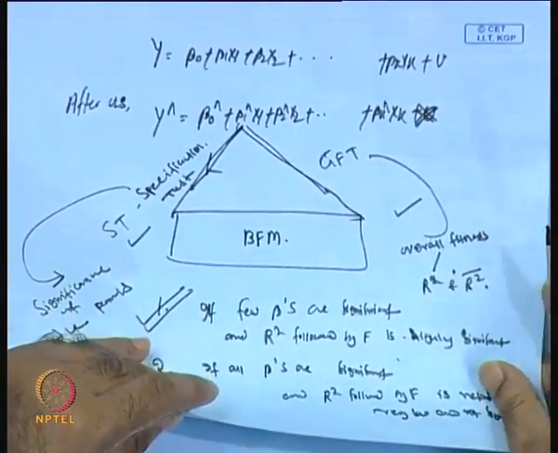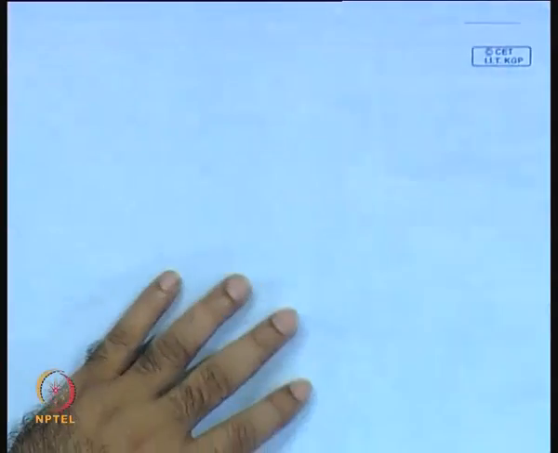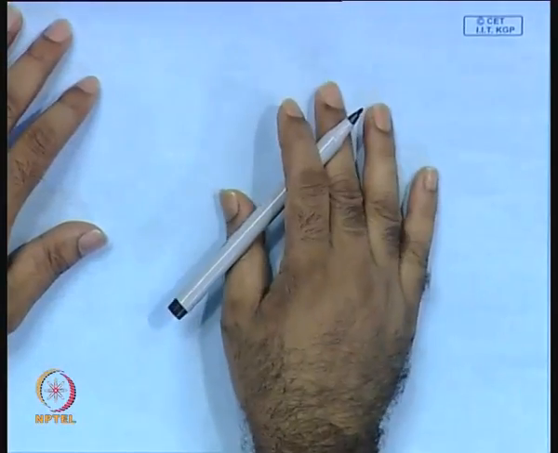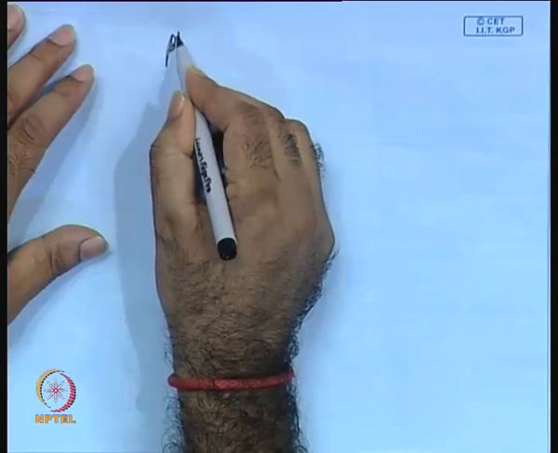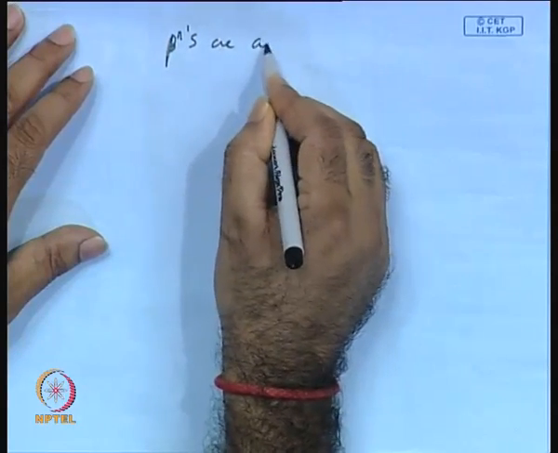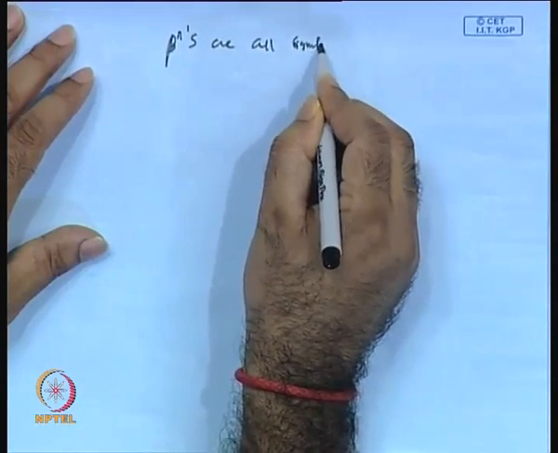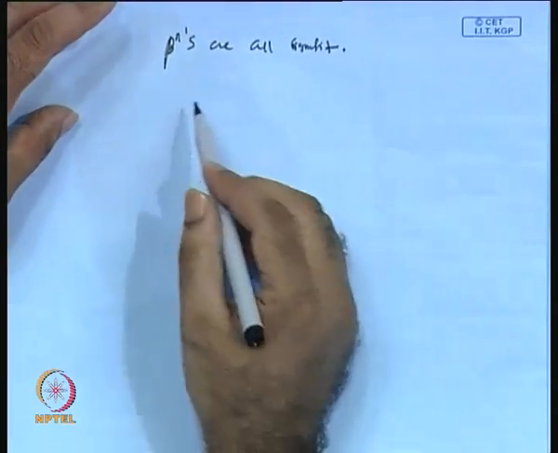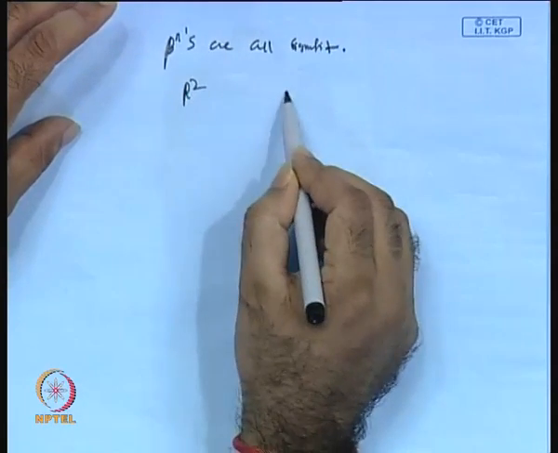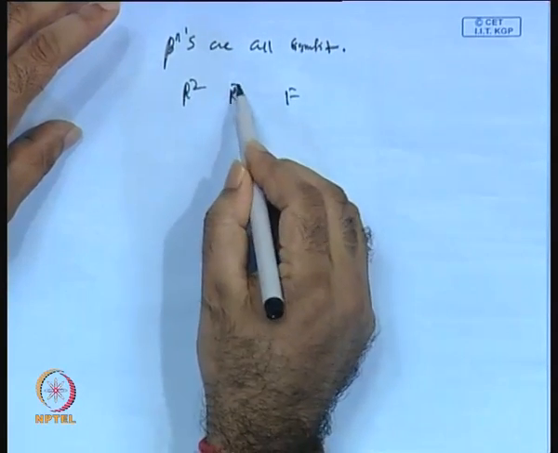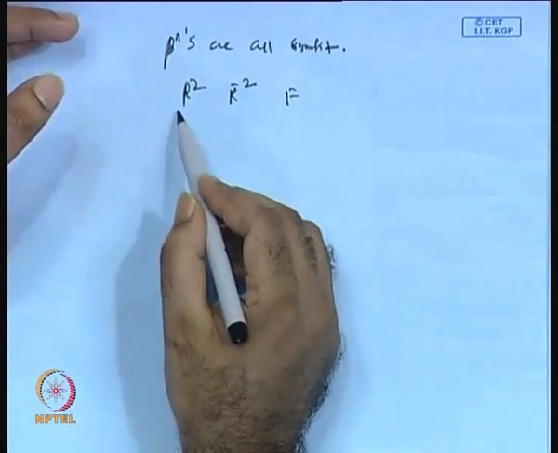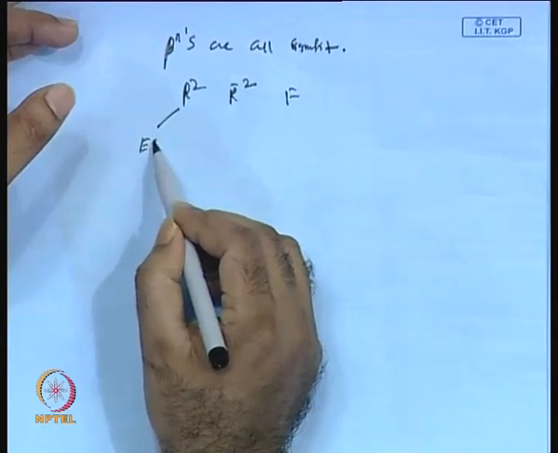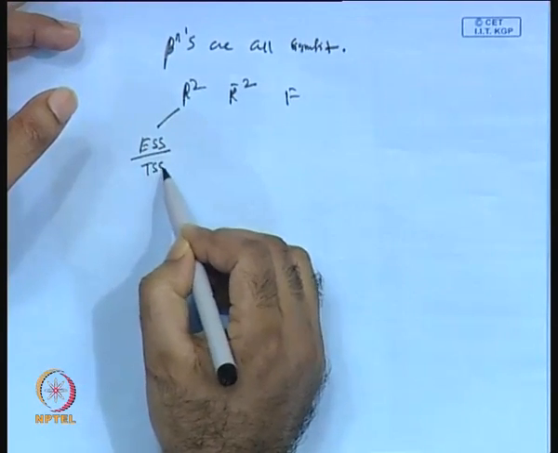Why is it so exceptional? You see here, when we go for R square statistics: in the first case beta hats are all significant. Then in the second case, R square and F, or adjusted R square and F. R square is calculated by the ratio between ESS and TSS.